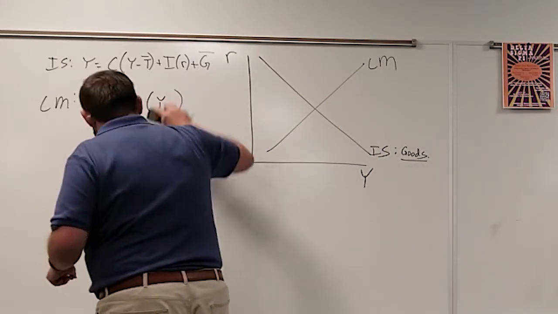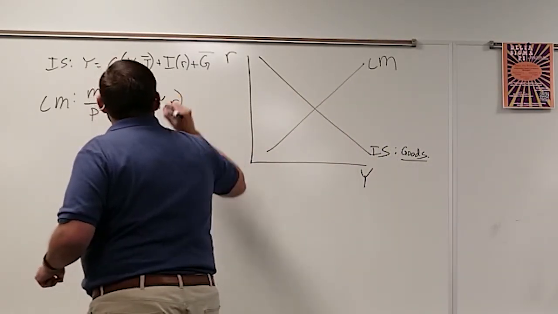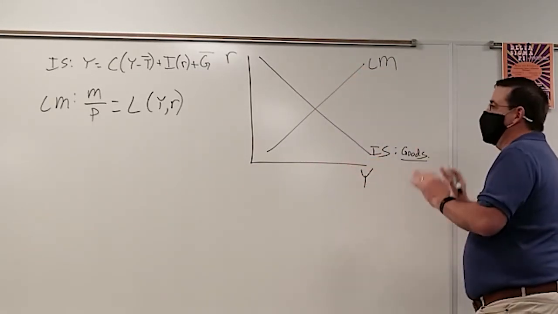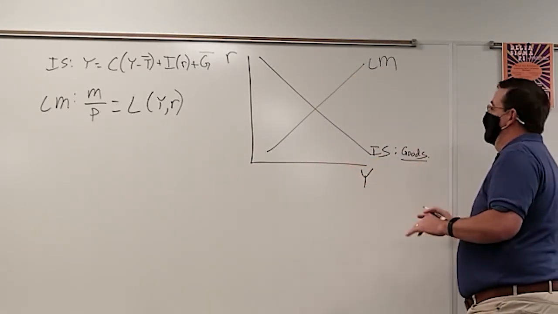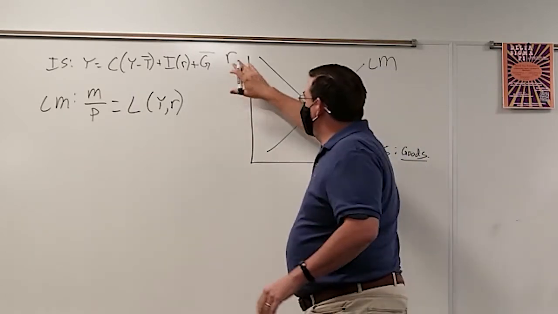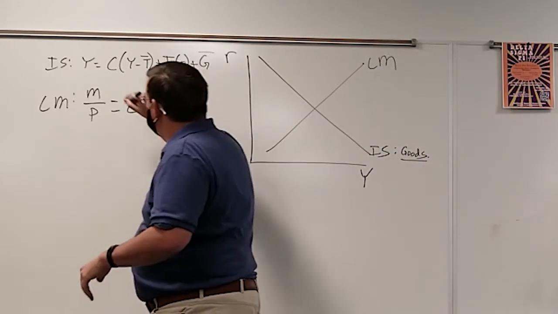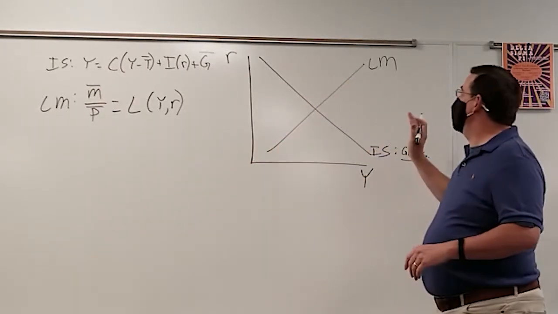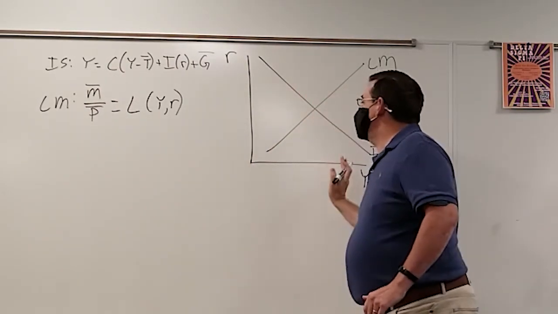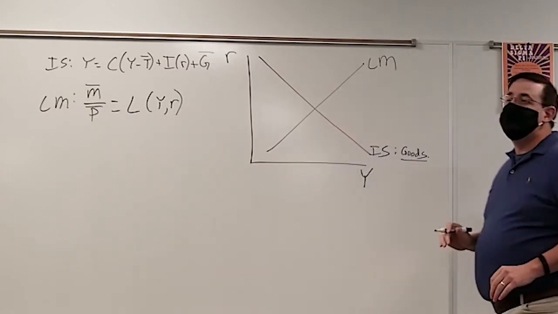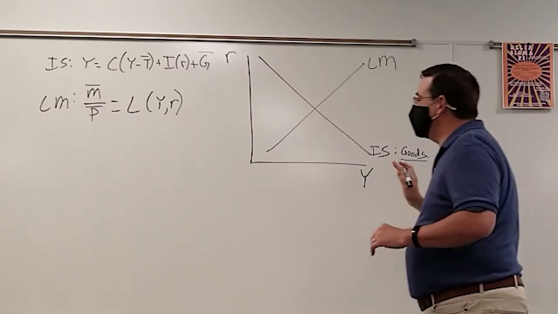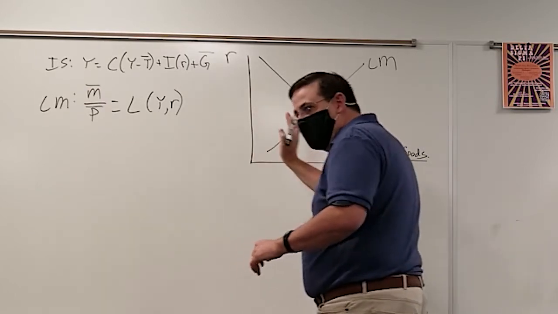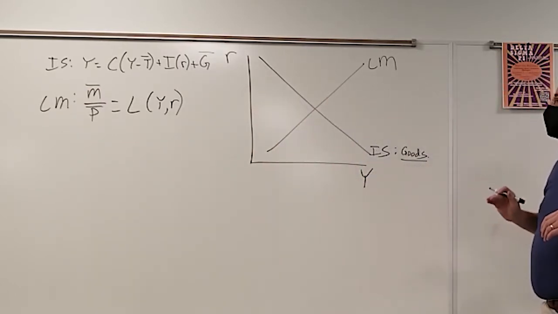Y and R, the real interest rate. And again, thinking about which variables are endogenous or exogenous, we have Y and R on the graph, so those can vary, but M and P have to be held constant, otherwise they cause the LM curve to shift. And unusual for economics, we're going to talk about the LM curve as shifting up and down rather than left and right. Usually we talk about curves shifting left and right.